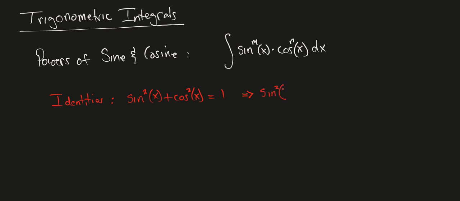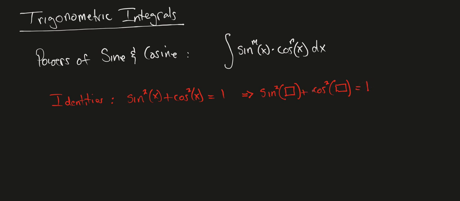If you have sine squared of some quantity plus cosine squared of the same quantity, then that has to be equal to 1. You could have something really complicated in these placeholders, but as long as it's the same thing in both terms, and your sine is being squared and your cosine is being squared and you're adding them together, then that sum is always going to be 1.